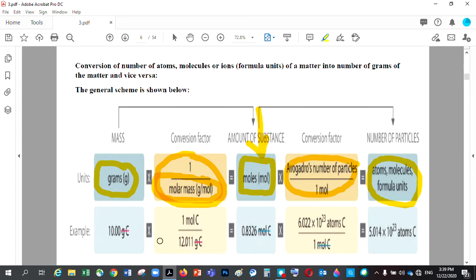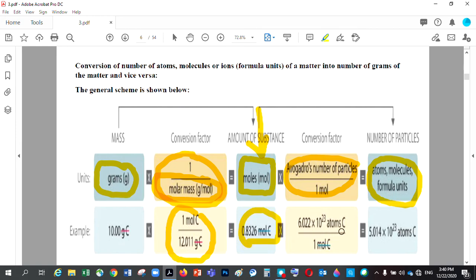An example here, 10.00 grams of carbon, correct? How many atoms does 10.00 gram of carbon contain? Well, I have to divide it by the atomic mass of carbon, correct? 12.011 gram per mole. I get the moles here, that's the key.